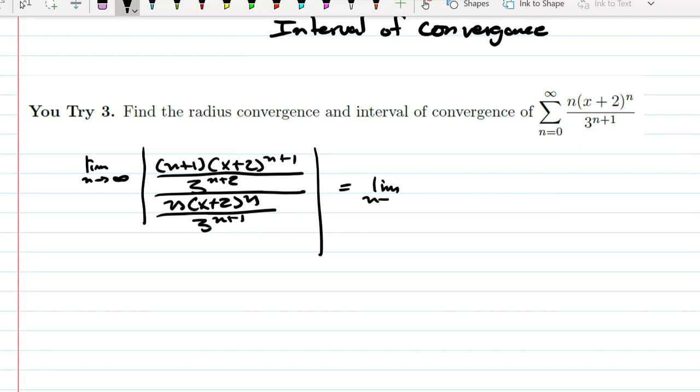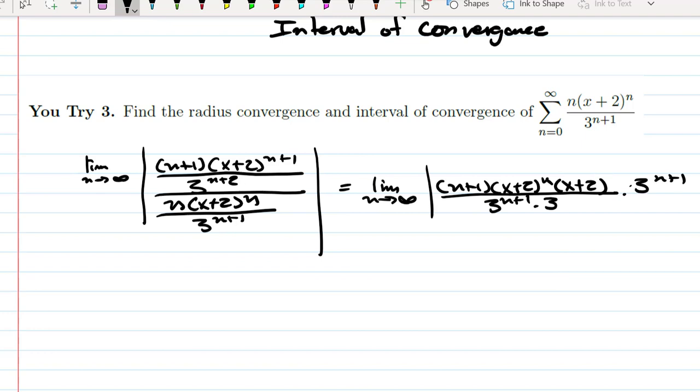So multiplying by the reciprocal of the denominator again and separating, we get n plus 1 times x plus 2 to the n times x plus 2 all over, and I'll write this as 3 to the n plus 1 times 3 times 3 to the n plus 1 over n times x plus 2 to the n.